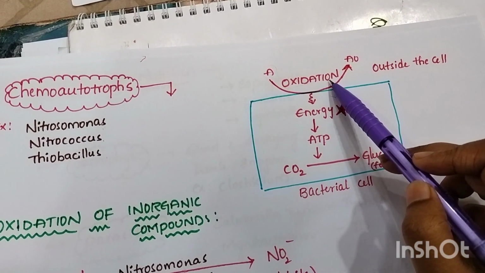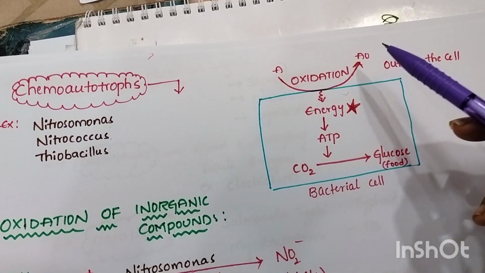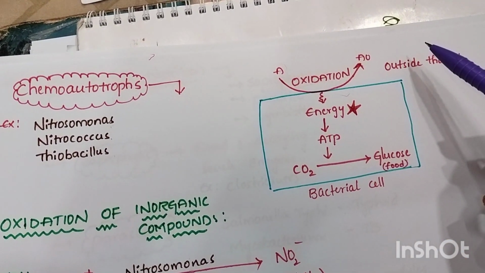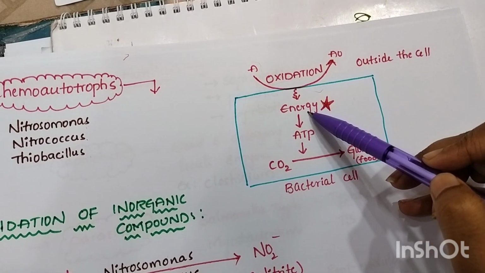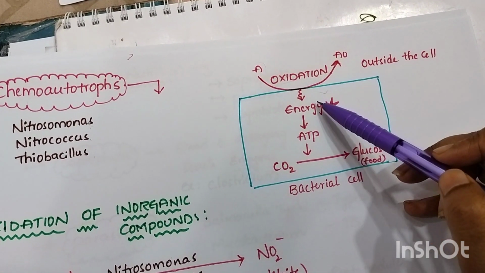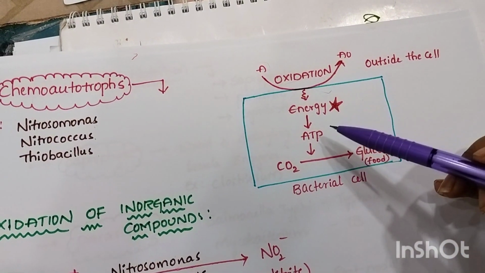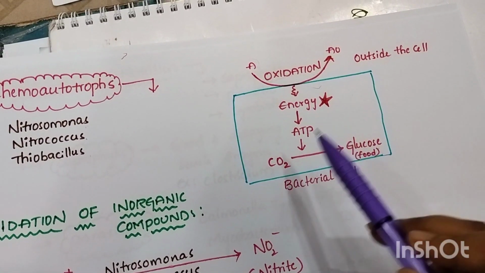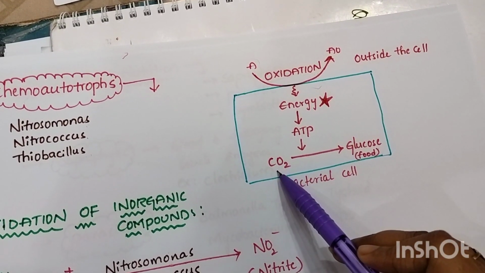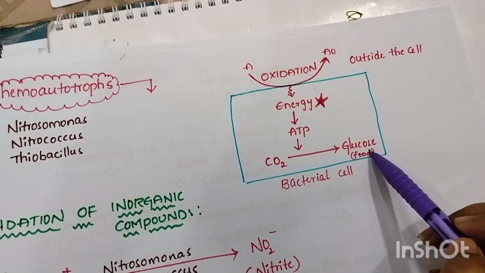When they oxidize the inorganic compounds like ammonia, nitrates, and nitrites outside the cell, then some amount of energy is released by this process, and this energy is utilized by the cell by converting the carbon dioxide into glucose, which is nothing but food.